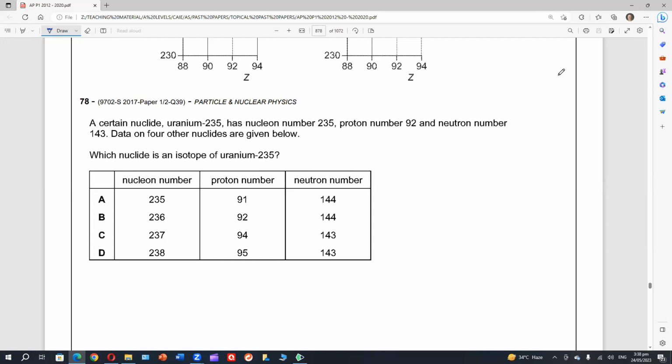Atomic number should be the same. Everything is about atomic number. 92 is coming in one line. That looks to be the same atomic number here.